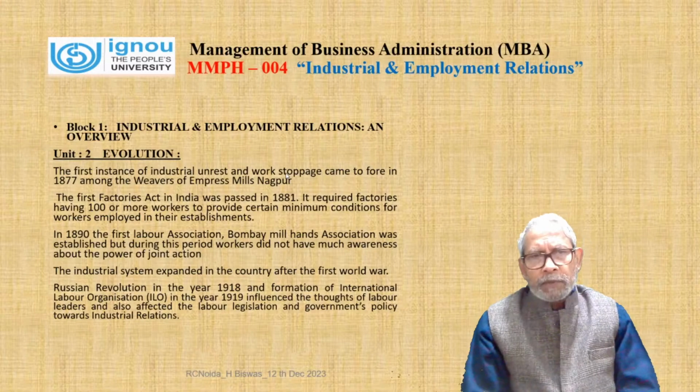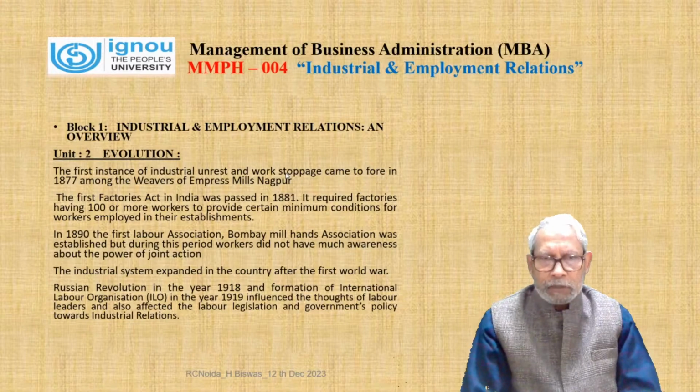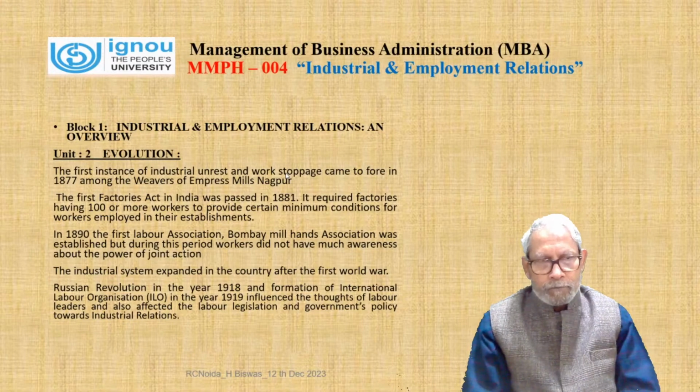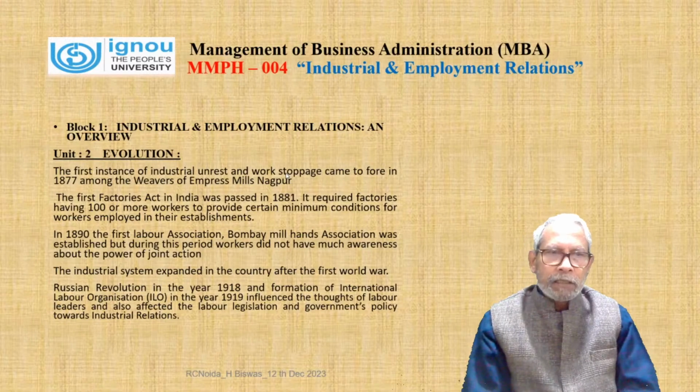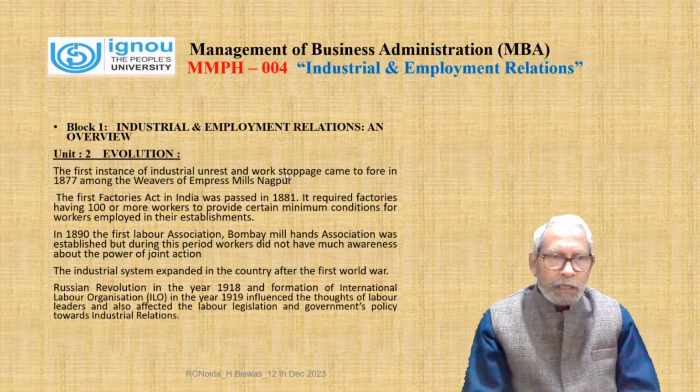The industrial system expanded in the country after the First World War. Basically, after the First World War, all these things started expanding. The Russian Revolution in 1918 and the formation of the International Labour Organization, ILO, in 1919. So the ILO was formed internationally, and then slowly the industrialization policies geared up.